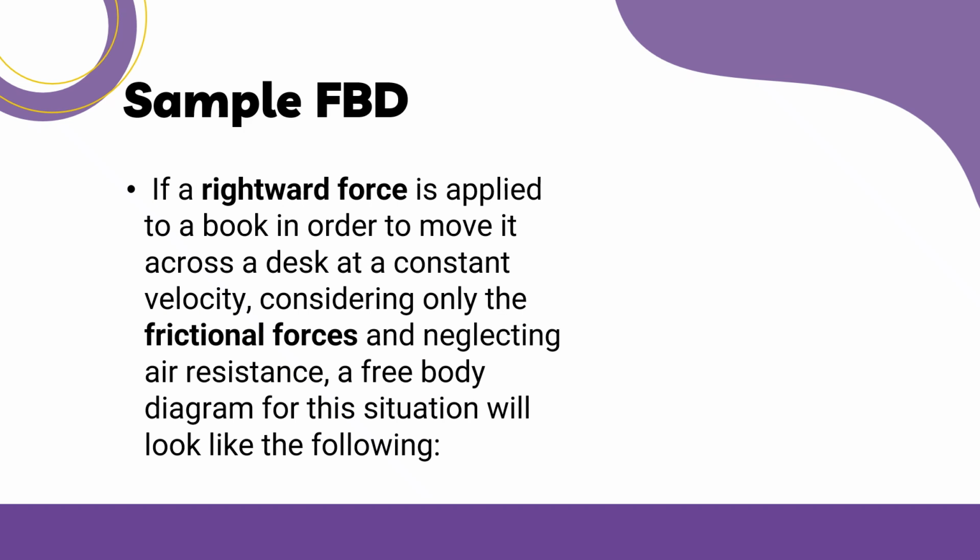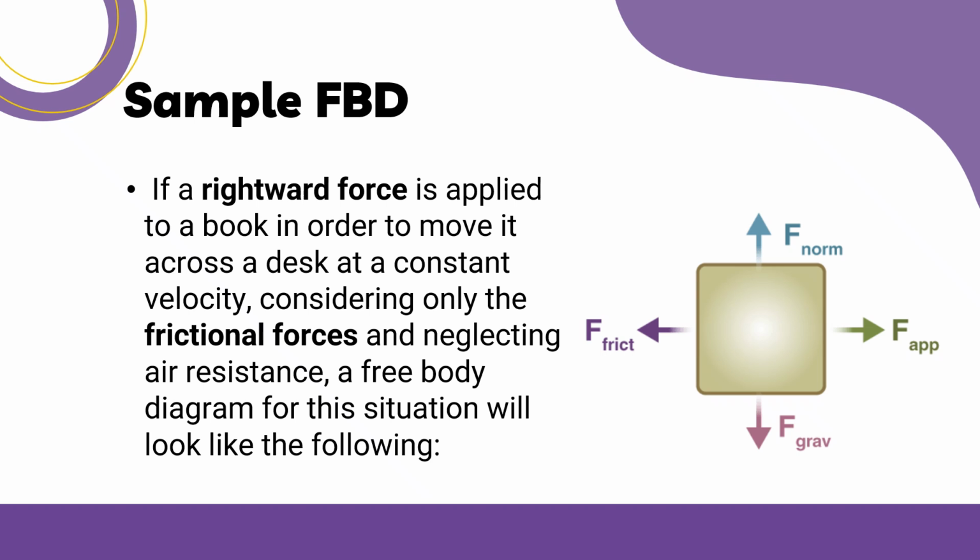Now, if a rightward force is applied to a book in order to move it across a desk at a constant velocity, considering only the frictional forces and neglecting air resistance, the free body diagram for this situation will look like this. As you can see, there are four different forces acting on the book. First, we have the normal force, which is going upwards.